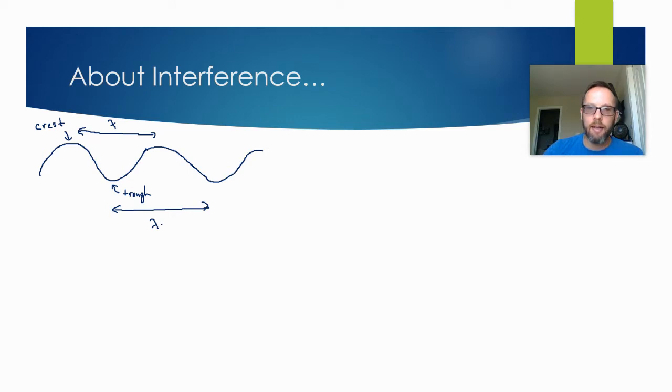Ideally in your grade 11 course, you looked at what happened when two waves interfered with each other, and this is called interference. Let's say I have one wave there and I have another wave that has the same wavelength, but is out of phase by half of a wavelength.